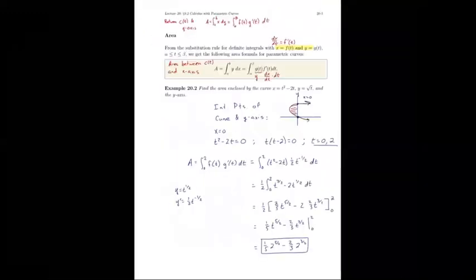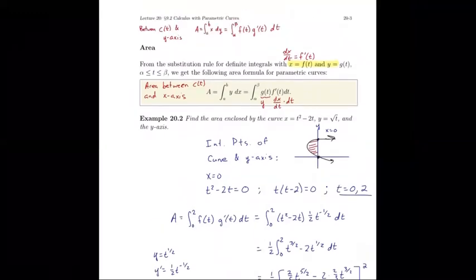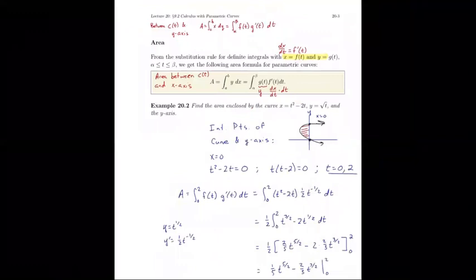Okay, so we can talk about the area of parametric functions enclosed by a region, usually involving one of the axes, x-axis or y-axis. So in the given problem here, the area A is equal to the integral from a to b of y dx.